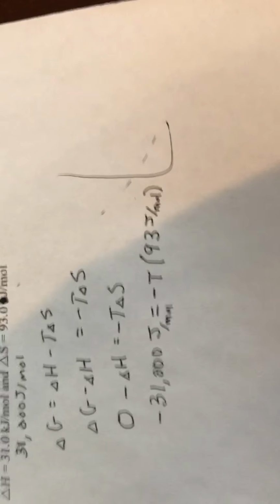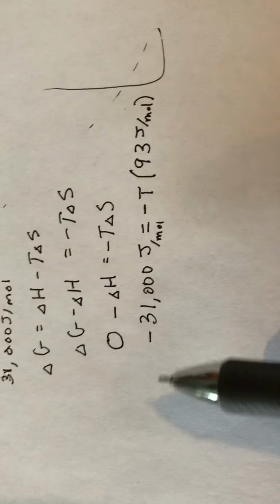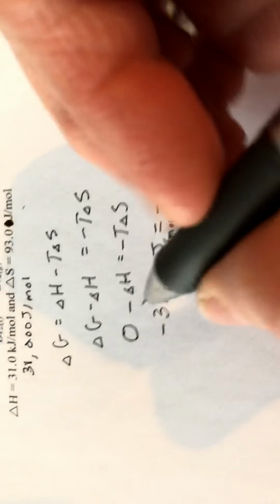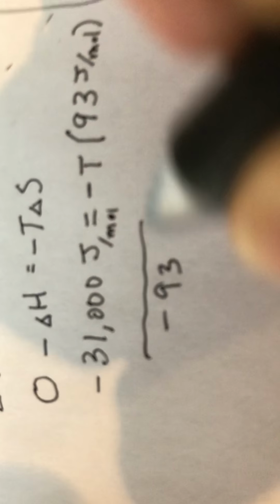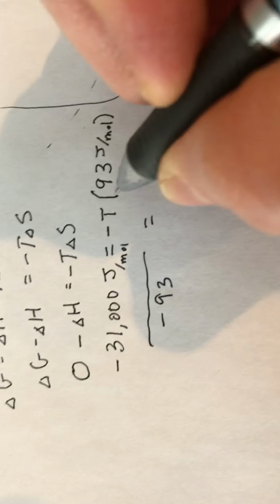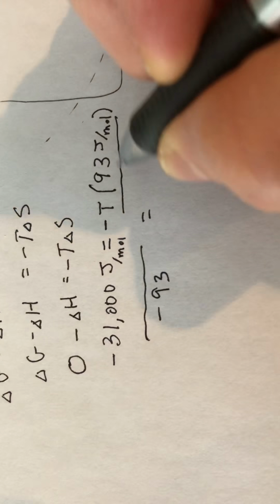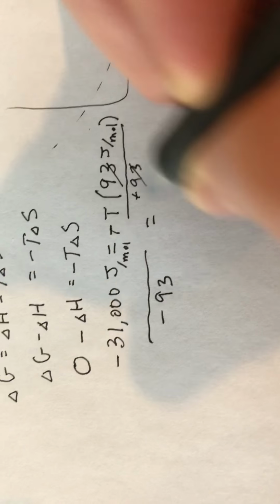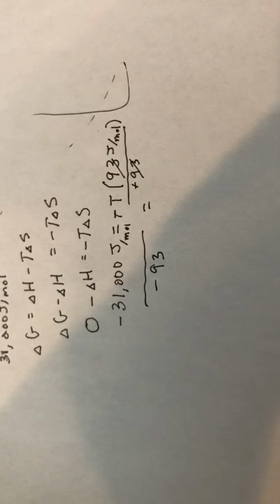Okay, so how would we approach this problem? I'm going to divide each of these sides by negative 93. Look at the negatives cancel, the 93 cancels. What I end up with is, let me grab my graphing calculator real quick.